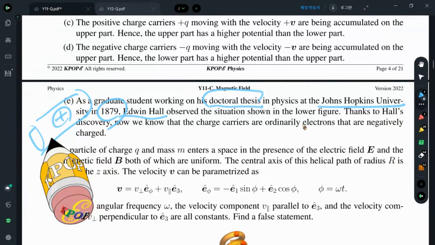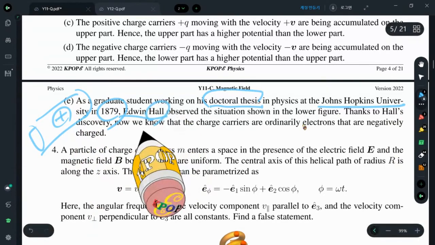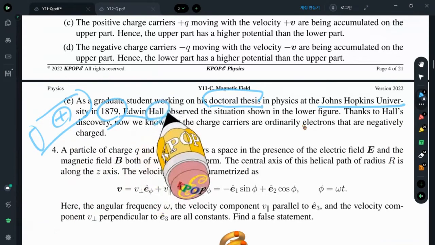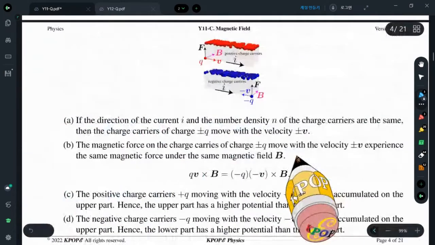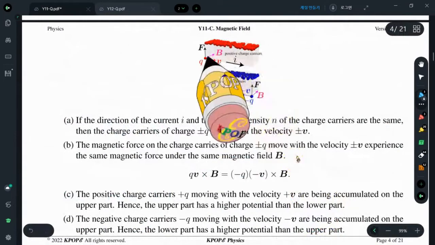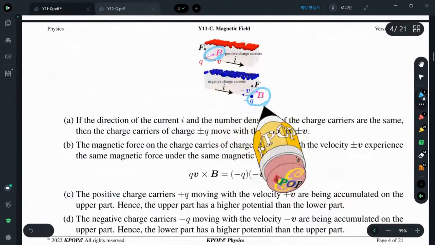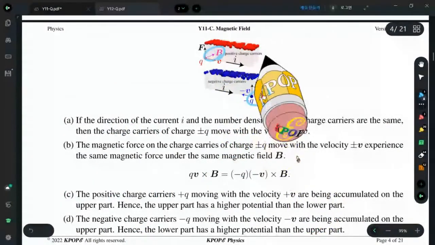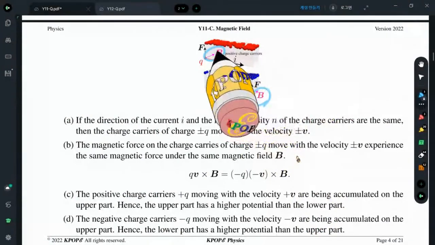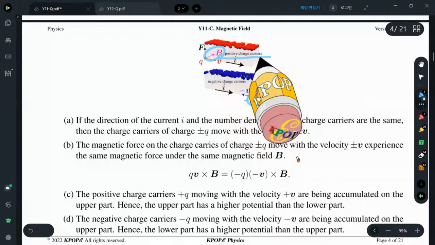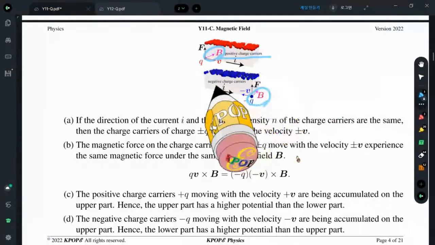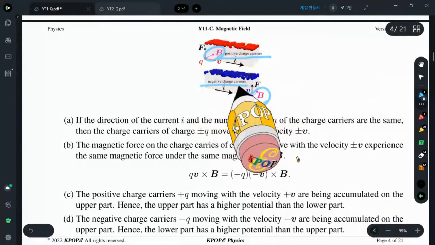An actual experiment was carried out by this graduate student Hall. He applied the same magnetic field. He didn't know whether the current is produced by positively charged carriers or negatively charged carriers.